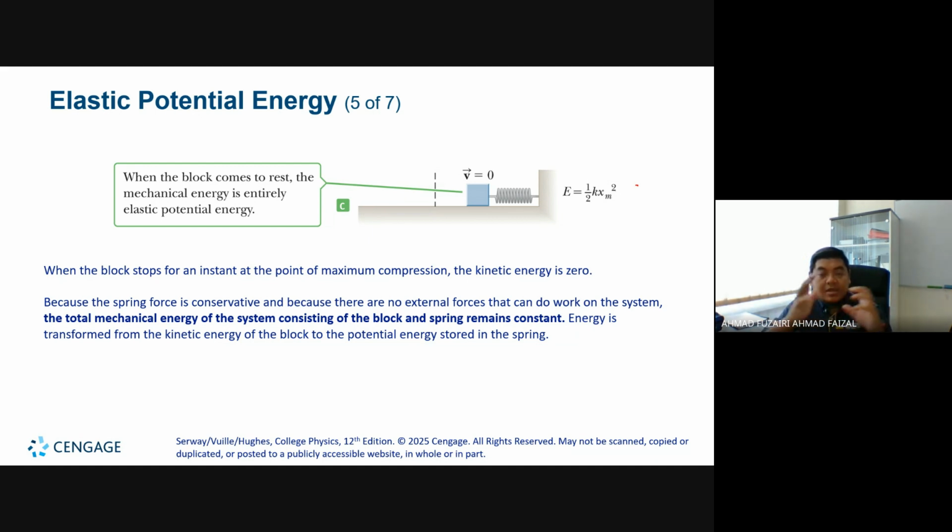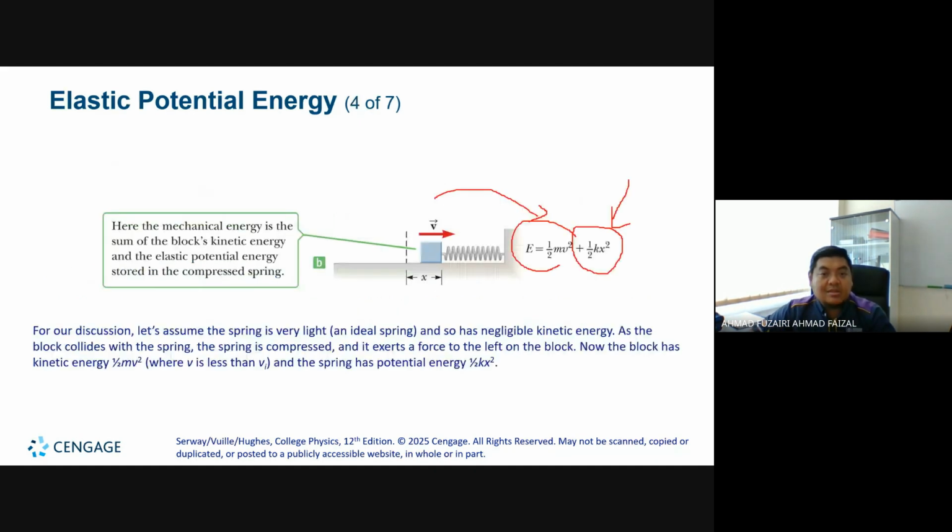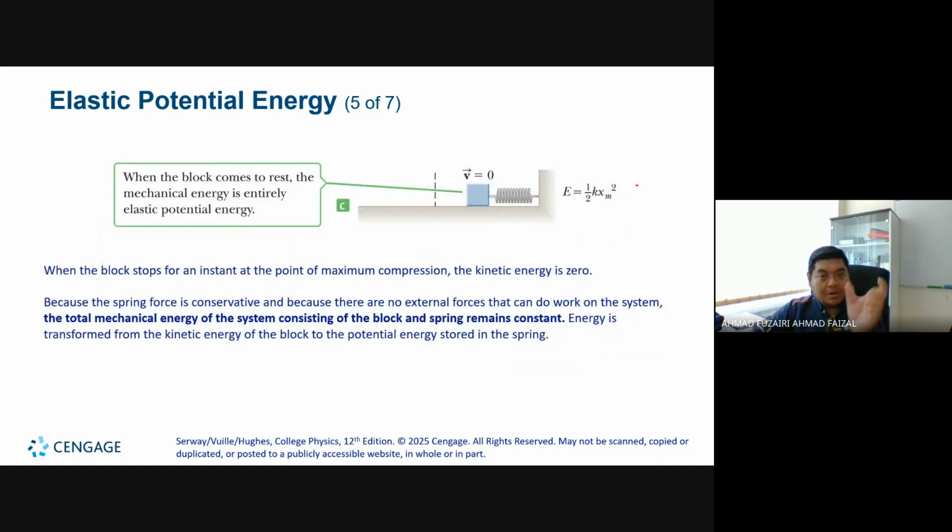While the spring is compressing, there is elastic potential energy, half kx squared, and also half mv squared because the block is still moving. But when the block stops at maximum compression of the spring, there is no v at all, and therefore all energy has been transformed into half kx squared.